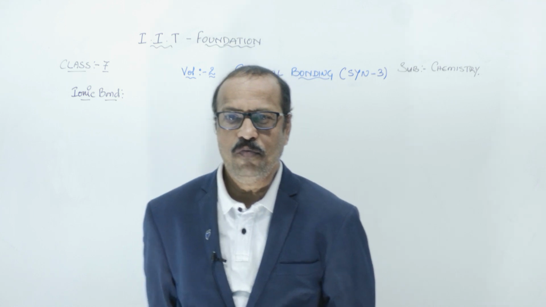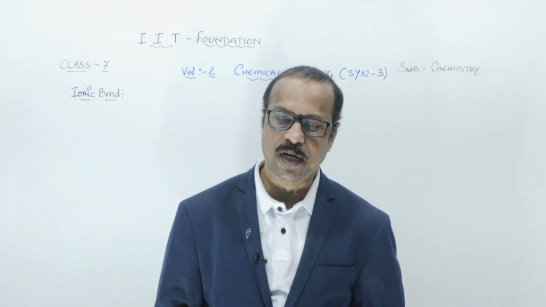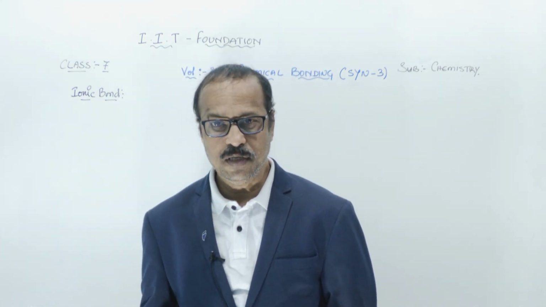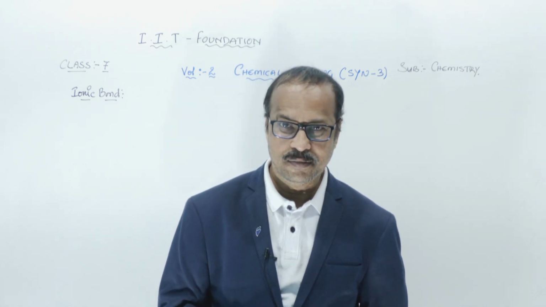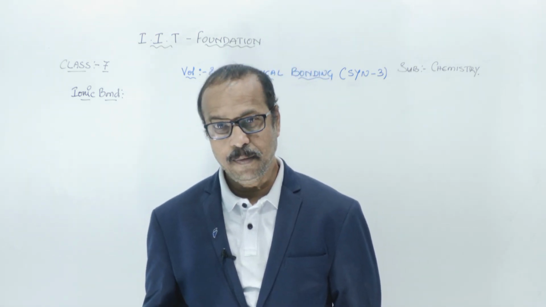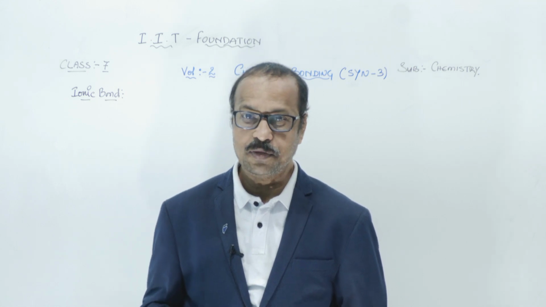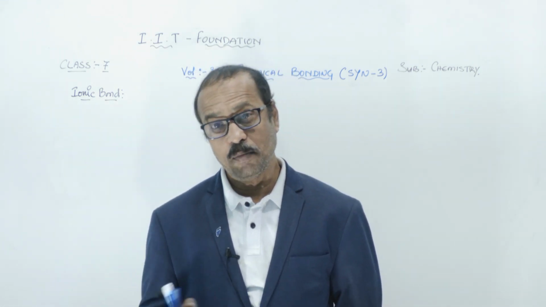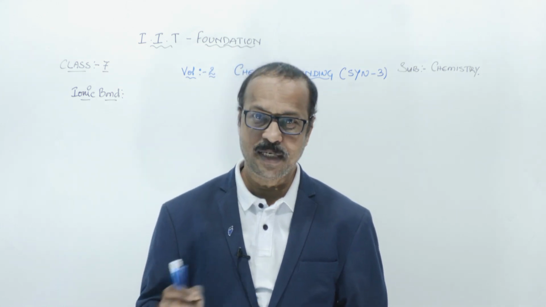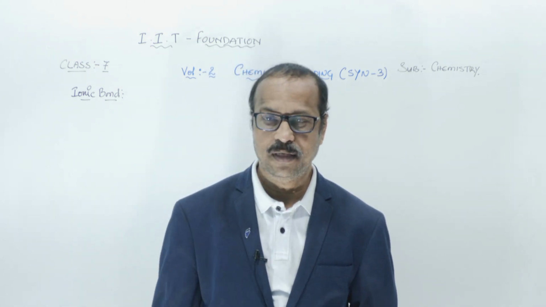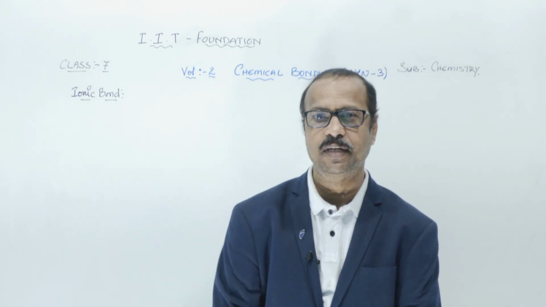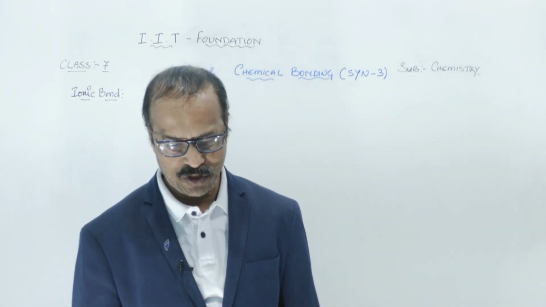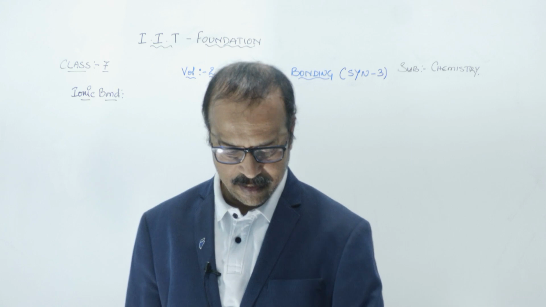The bond formed by the complete transfer of one or more electrons from one atom to another, the bond formed by the transfer of electrons from metal to non-metal, or the bond formed by two oppositely charged ions is called the ionic bond. So three definitions I gave. Any one definition you can write.